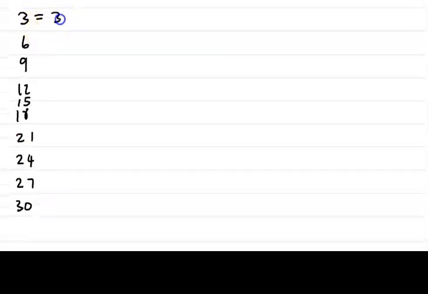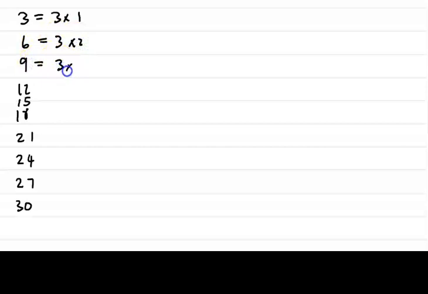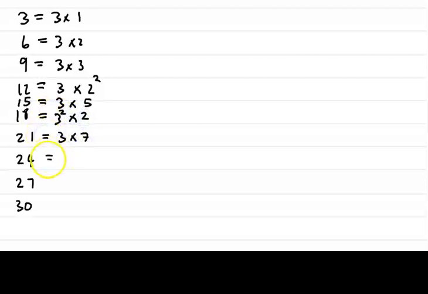So remember 3 is 3 times 1. So let's just break it up a little bit. 6 is 3 times 2. 9 is 3 times 3. 12 is 3 times 4, so I'm writing it as a product of its prime factors: 3 times 2 squared. 15 will be 3 times 5. 18 will be 9 times 2, which is 3 squared times 2. 21 is 3 times 7. 24 will be 3 times 8, which is 3 times 2 cubed.